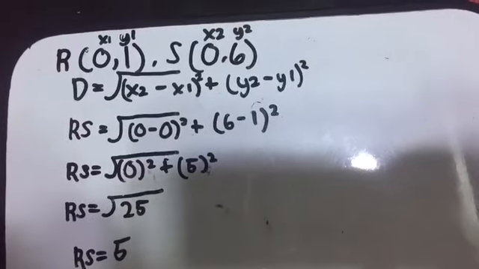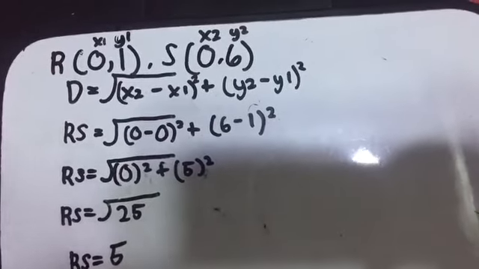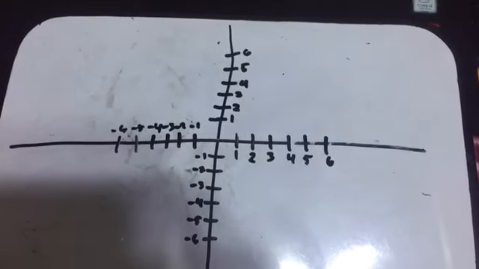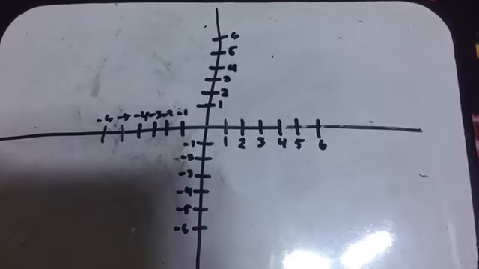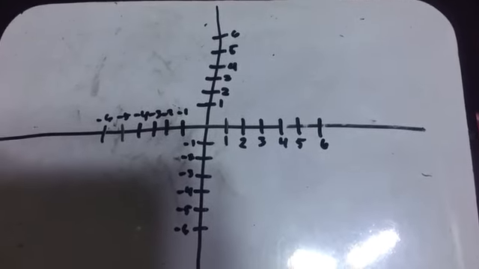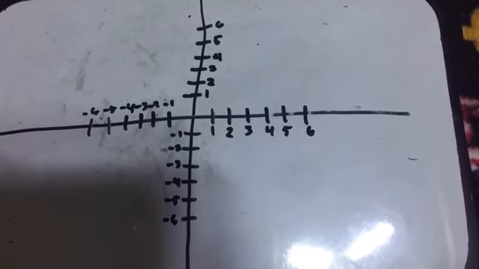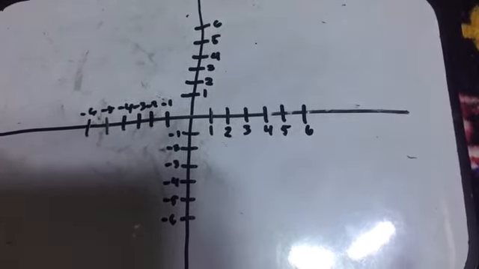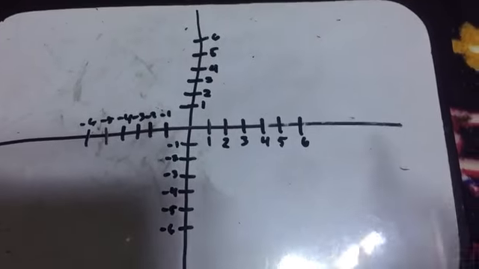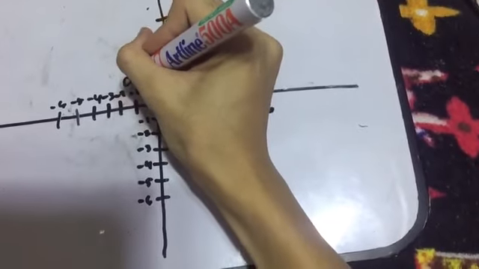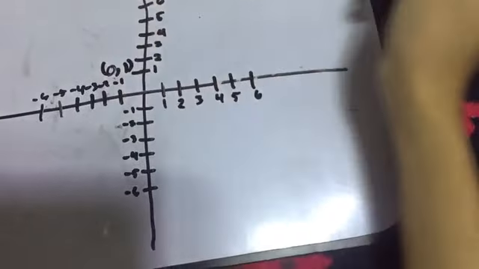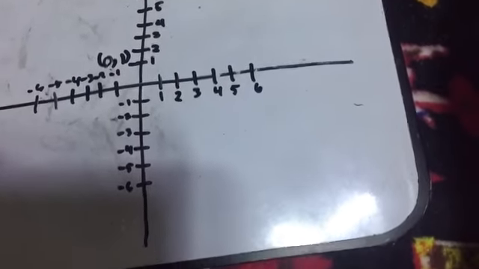So we already found the distance. Now we're going to write it in the Cartesian plane. So first, in our given, we have 0 and 1. And secondly, we have 0 and 6.